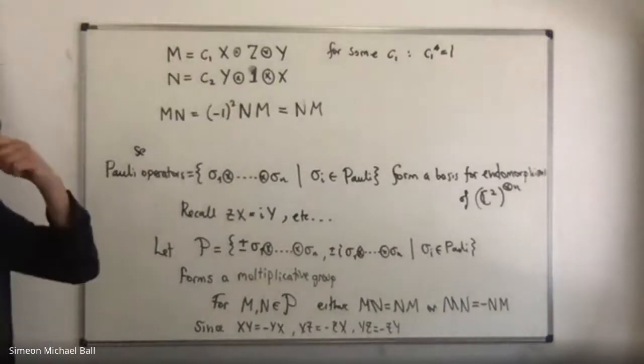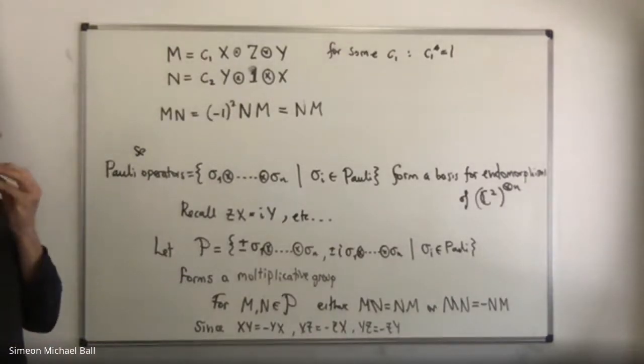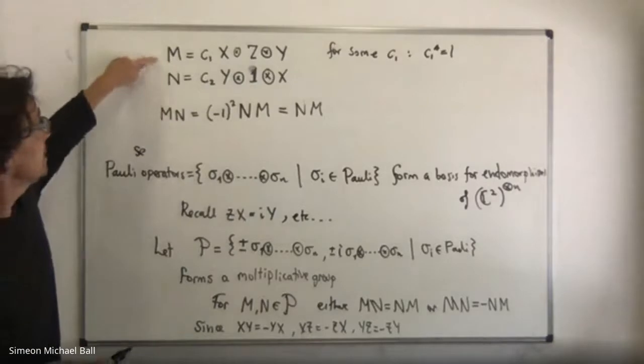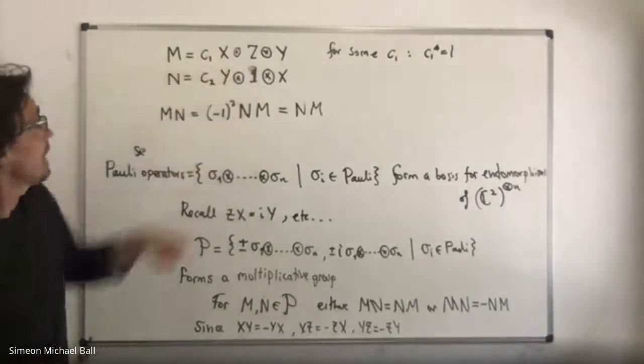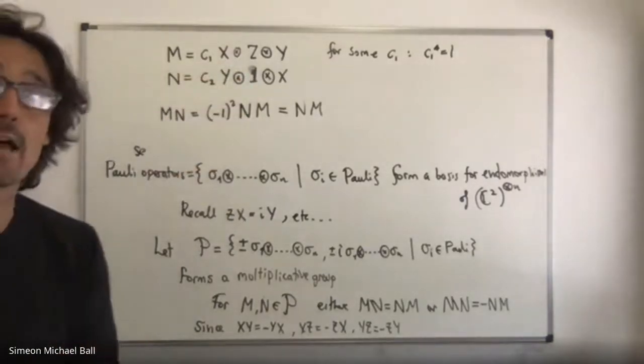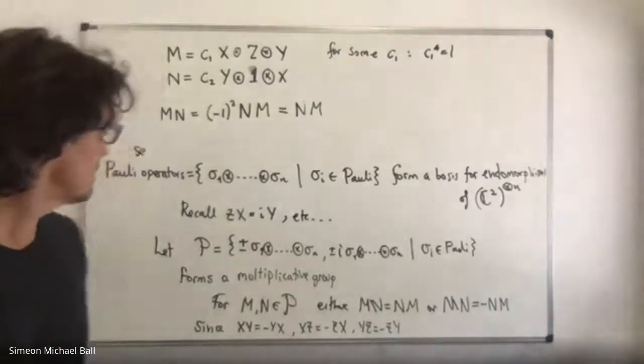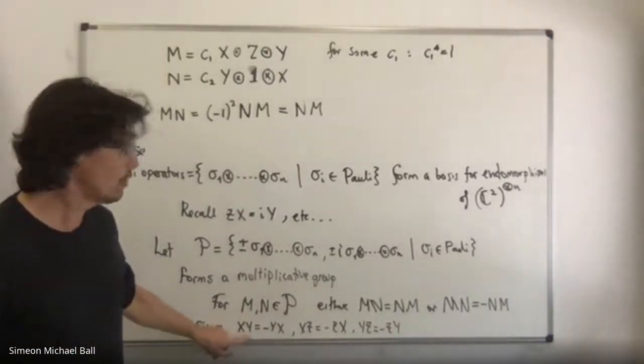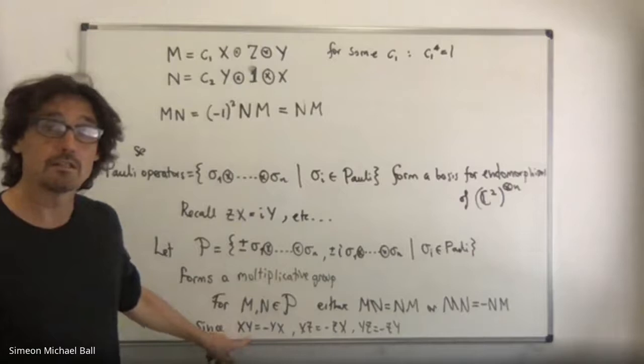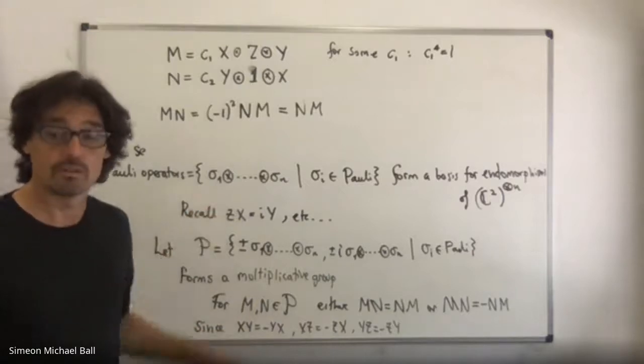It doesn't matter. So just to see if things commute, you just have a look and see how many times you see different pairs of non-identity Paulis in the same position.